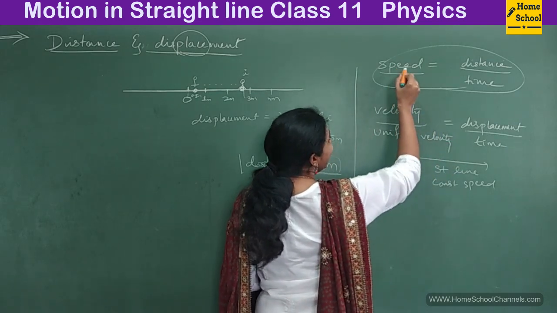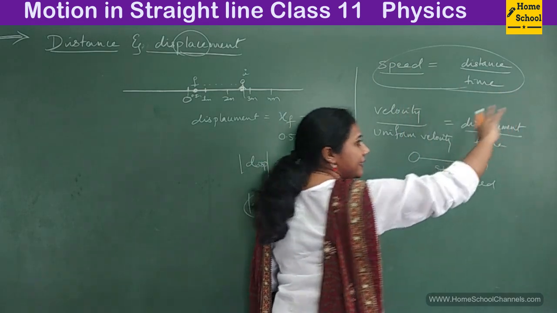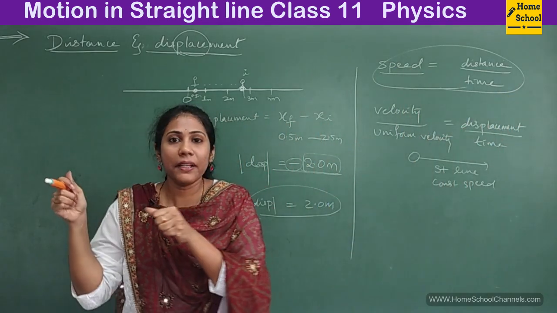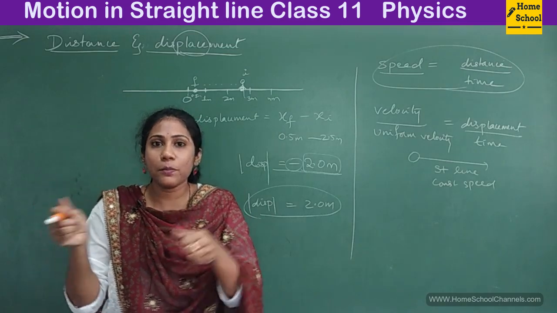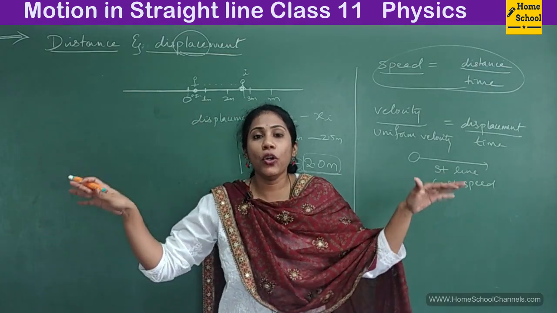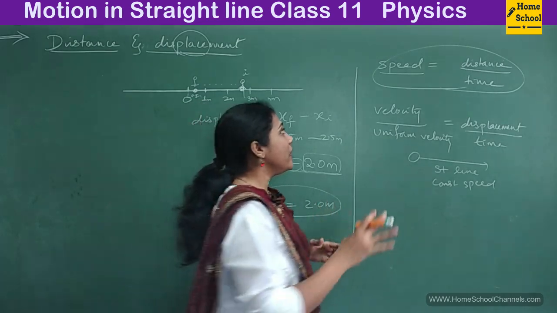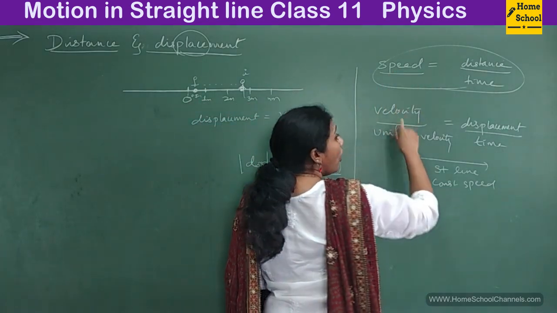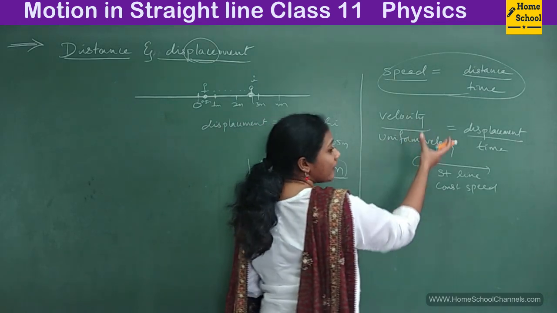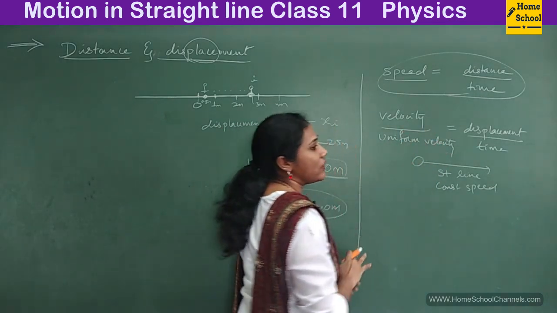So if the speed is uniform and constant, say a car moving on a straight road with the same speed, we call it uniform speed, or if you talk about velocity, uniform velocity.